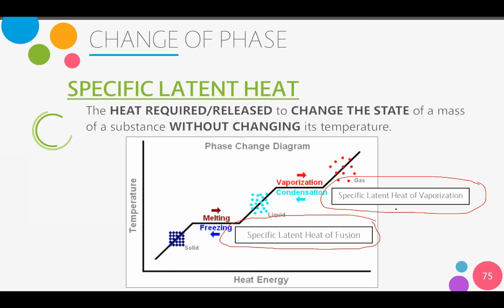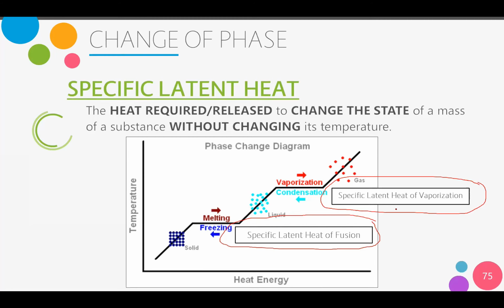So for example, the object is undergoing a process of melting. So hindi pwede na ang gagamitin natin is vaporization since the object is undergoing the process of melting. So since it is melting, ang gagamitin natin ay yung specific latent heat of fusion.